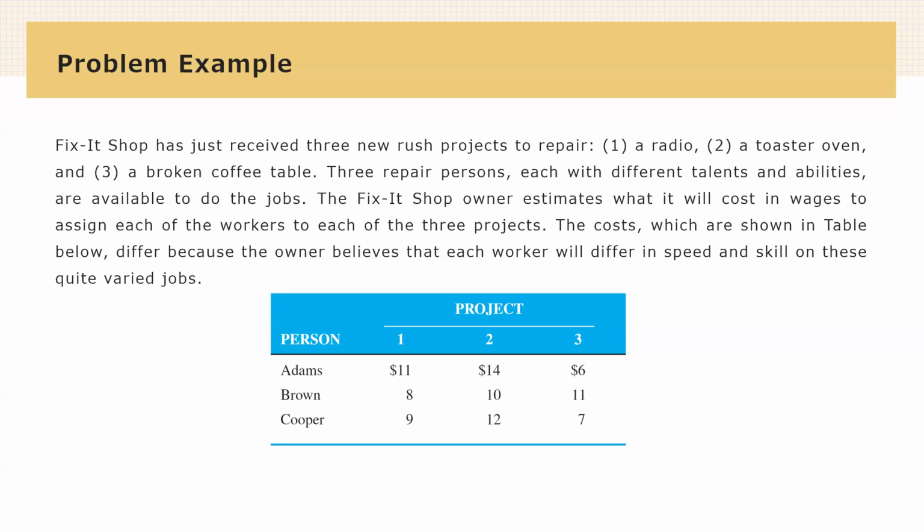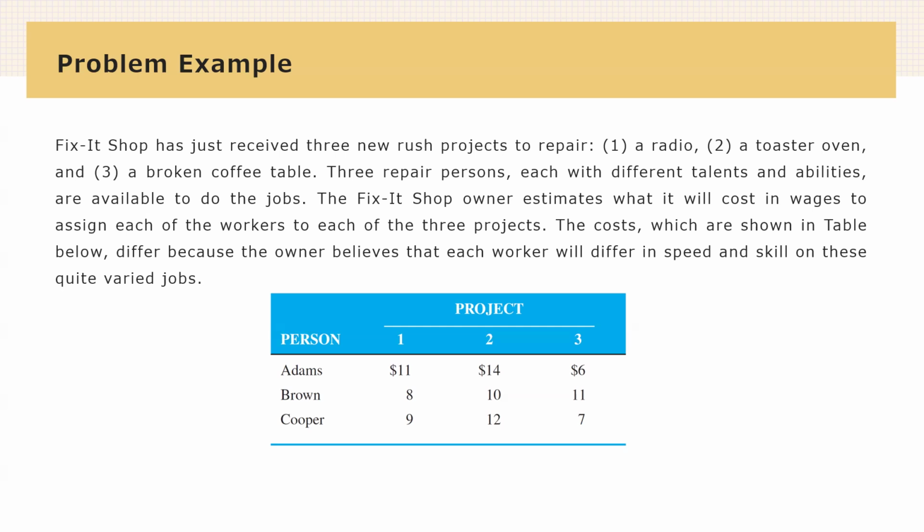There are 3 persons and 3 jobs. The fixed shop owner estimates what it will cost in wages to assign each of the workers to each of the 3 projects. The costs shown in the table below differ because the owner believes that each worker will differ in speed and skill on this quite varied job.